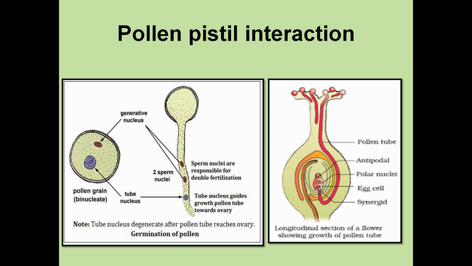The ability of the pistil to recognize the pollen followed by the acceptance or rejection is the result of continuous dialogues between pollen grain and the pistil. This dialogue is mediated by the chemical component of the pollen interacting with those of the pistil.